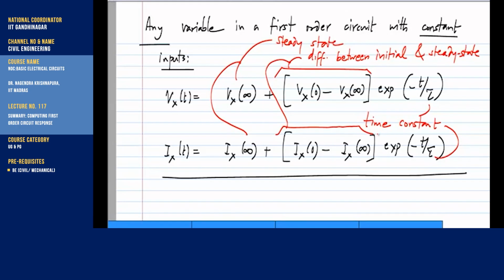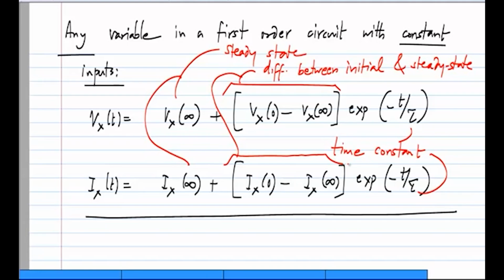Like I mentioned earlier, if you have a first order circuit with enough experience, you should be able to write down the response even without ever writing the differential equation. Now, this is not to say that you should forget everything you know about the differential equation. So, initially you write down the differential equation and make sure that everything is consistent. But after a while, you will be able to simply identify the steady state values of either currents or voltages.